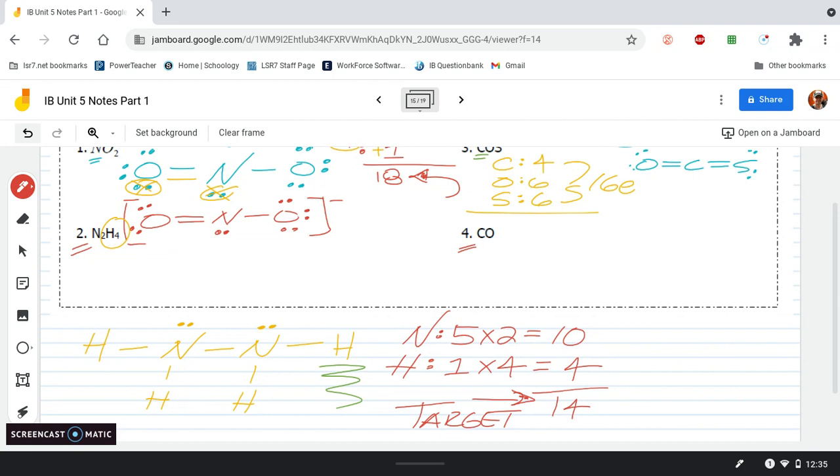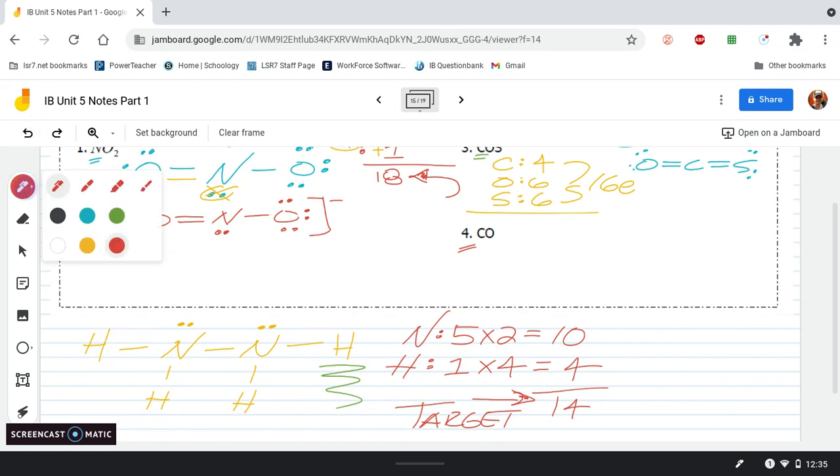And what you find a lot of times on these ones that don't have central atoms is they normally just work out. You don't have to do that much. So if we count 2, 4, 6, 8, 10, 12, 14, boom, it does work out. So you kind of put this one together and it's done.